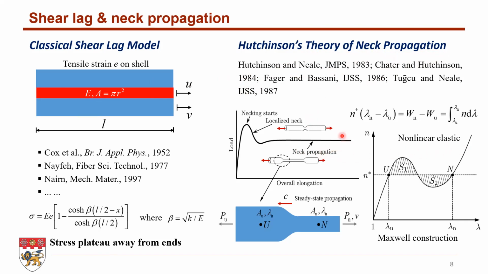In the steady state neck propagation, the material should satisfy this condition, which means the shaded area S1 should be equal to S2 in this engineering stress versus stretch plot, which is also known as the Maxwell construction.